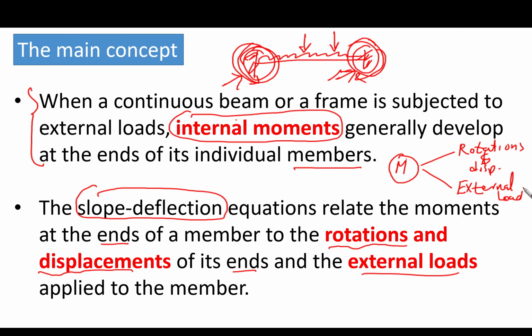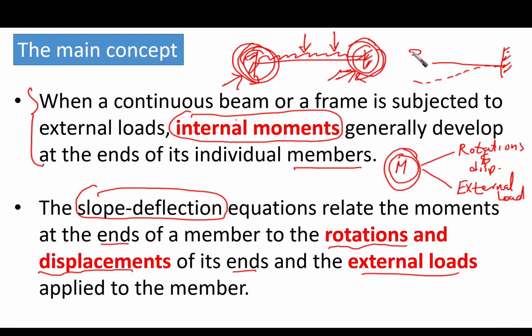So now we can understand that the moments that are going to be developed at the ends of the beam are going to be related to the rotations, because whenever there is a moment developed here, sure there is some rotation. Here it is fixed, so the rotation here is going to be 0.